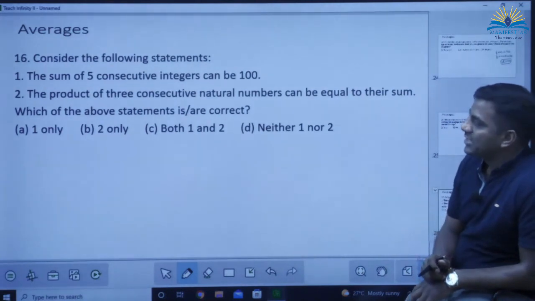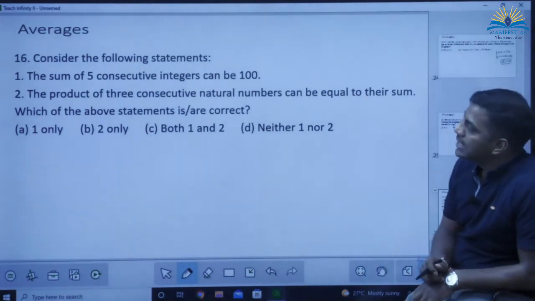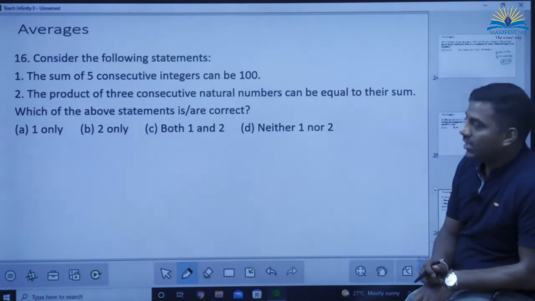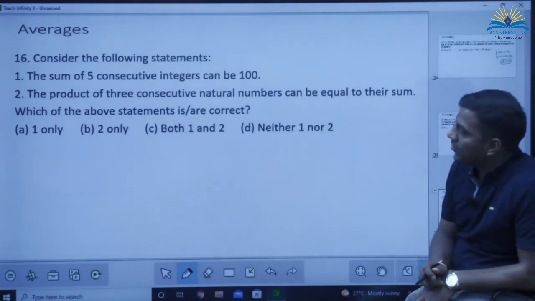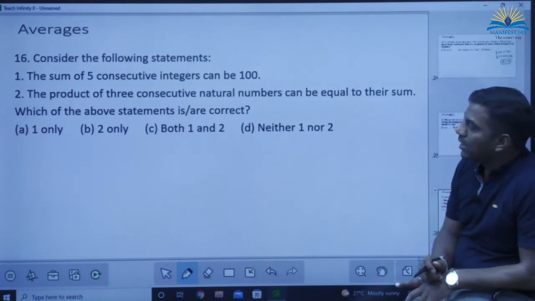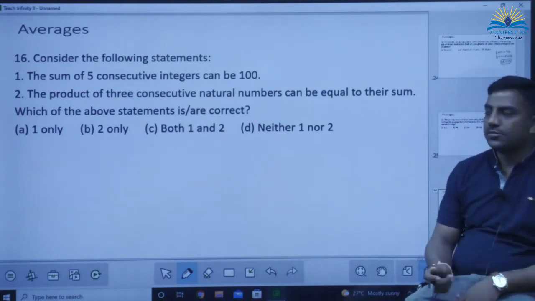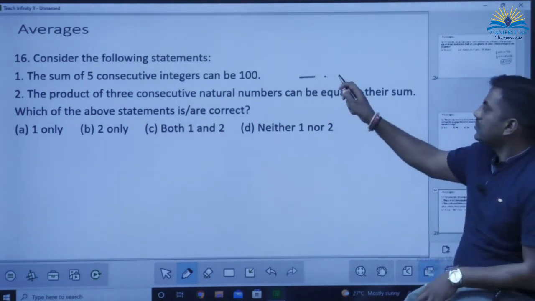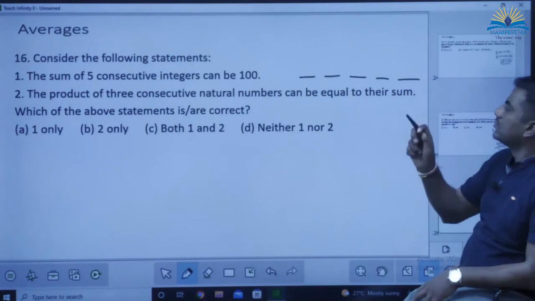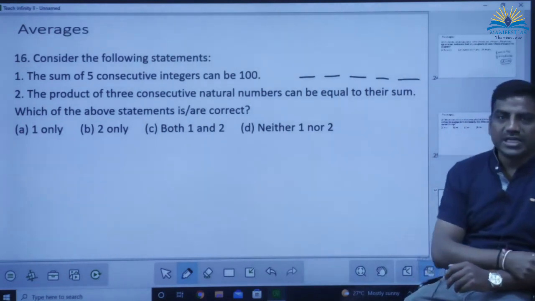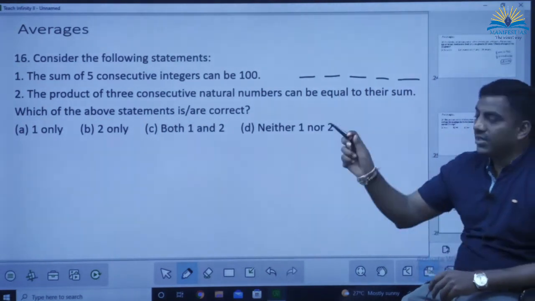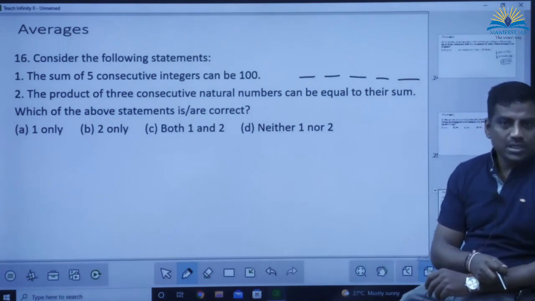Okay, simple. Again, don't jump on to the second statement, okay? First, see, the sum of 5 consecutive integers can be 100. Can be. Can it be?